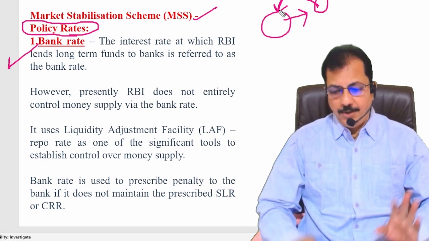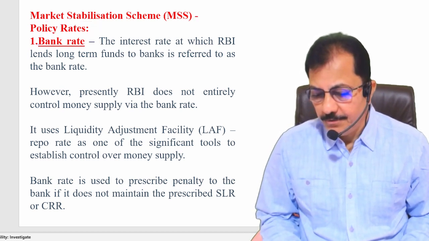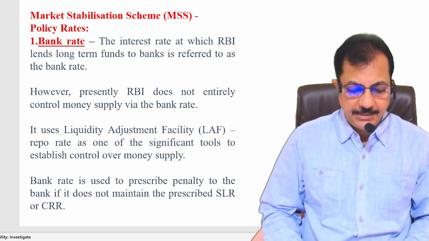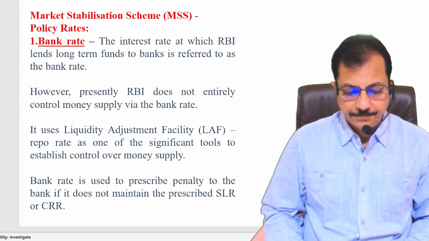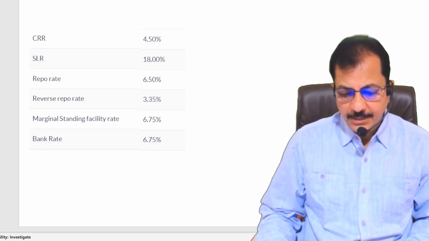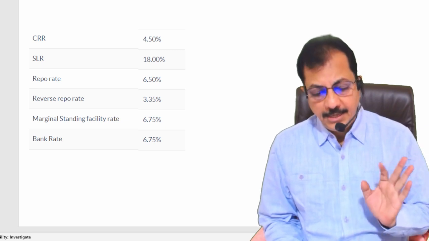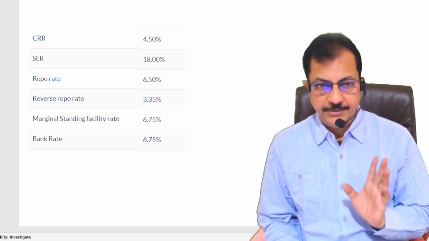Before going ahead, I would like to show you something once again. Let's go back. Look at this. Here we understood CRR, SLR, over. Now please look at this. Repo rate 6.5%.